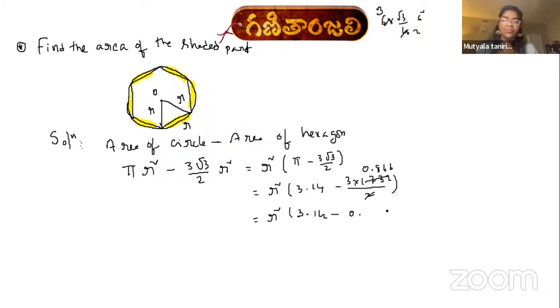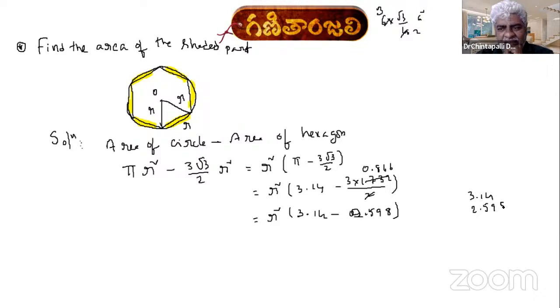3 root 3 by 2 is 2.598, right? Yes, sir. 3.14 minus 2.598 is 0.542.